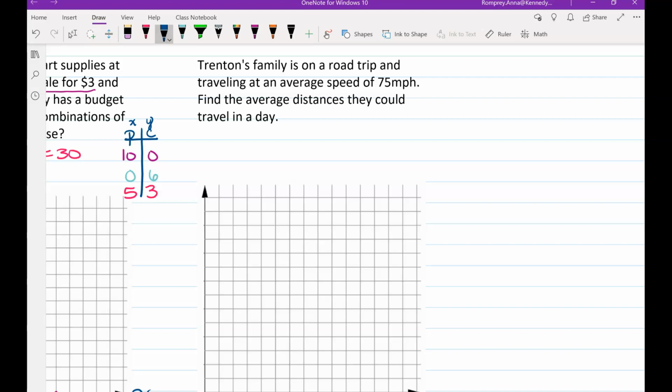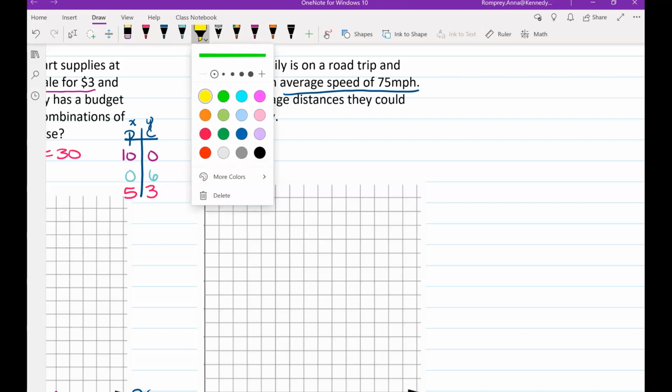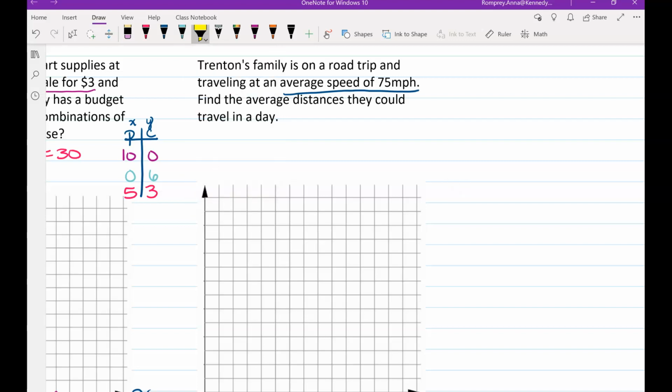So, on a road trip, cool beans, not going to help us write an equation. So we're traveling at an average speed of 75 miles an hour. That's not much. So it wants us to find the average distances they could travel in a day.